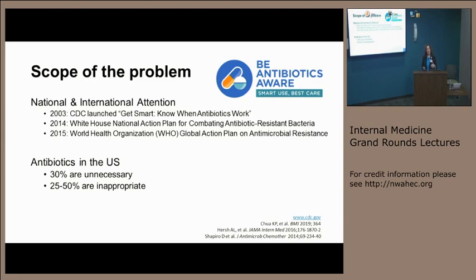So how are we doing in the United States? We have made some headway since the Get Smart campaign was first launched, but about a third of our antibiotics are still entirely unnecessary. And of the ones that are necessary, anywhere between a quarter to half are inappropriate. So the spectrum is too broad or the durations are too long.